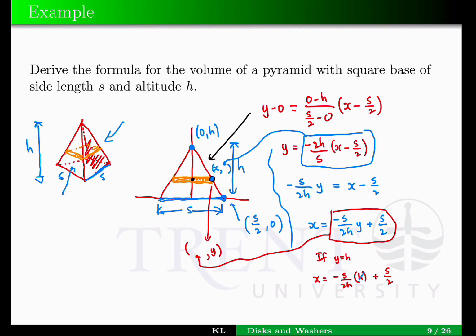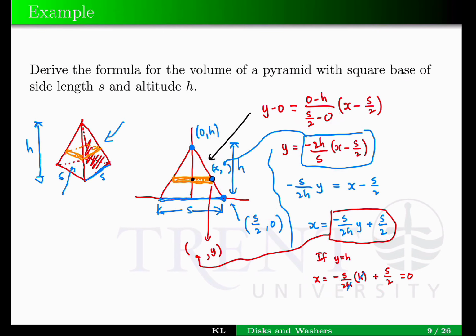So the h here will cancel the h here, and you will have negative s over 2 plus s over 2, which is equal to 0. And definitely, if y is equal to 0, this will disappear. Your x will be equal to s over 2. At different points for a given y, the x value will be given by this formula.